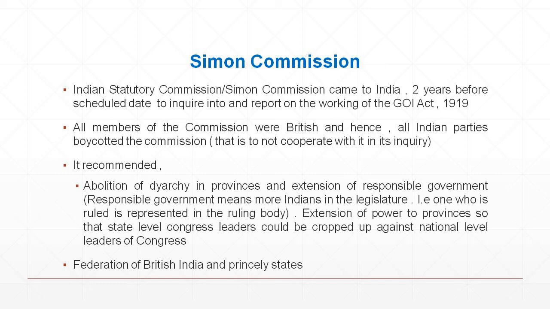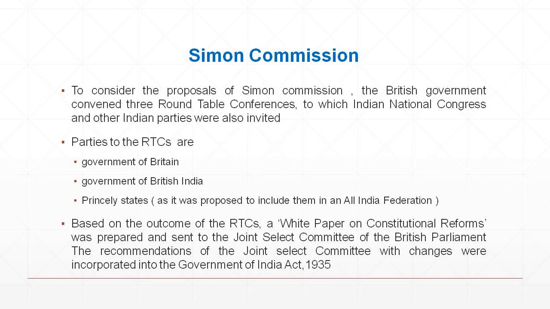So more power to be given to the provinces. Establishment of a federation of British India and princely states. So now, for the first time, there is a kind of integration of British India and princely states at a constitutional level. So this was envisaged for the first time. Continuation of the communal electorate. So communal electorate was again encouraged.